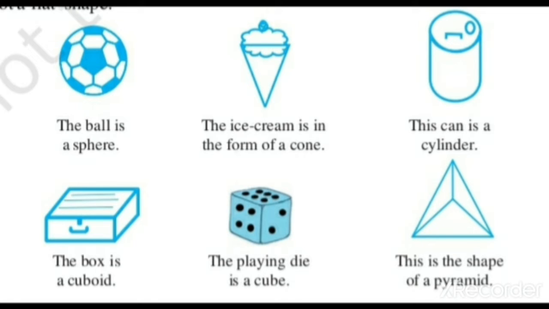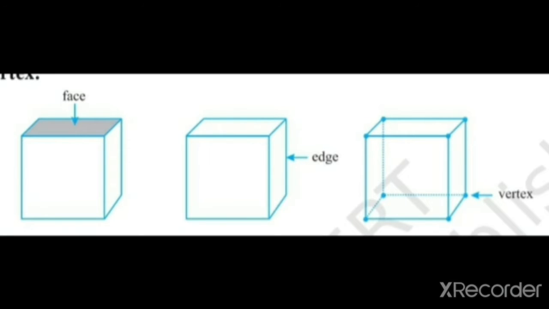Let's understand it through an example of a cube. Here you can see the face of a cube, edge and vertex. Each side of a cube is a flat surface.